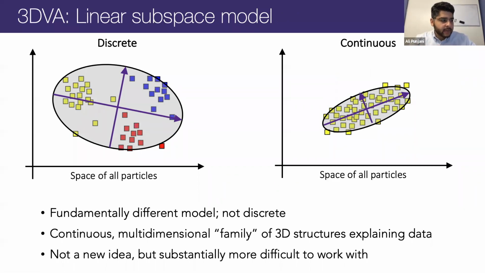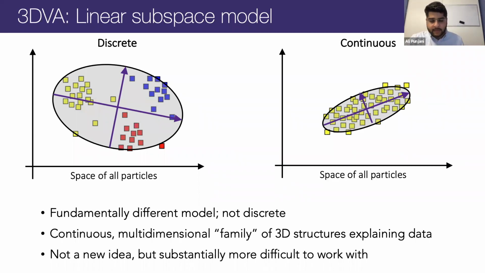It's a continuous, multi-dimensional family of 3D structures that we're trying to find, a family that explains all the data together. Instead of discrete 3D structures that don't have anything to do with each other, we're looking for a continuous family that's all related and explains all of the data. And the family itself is very simple.